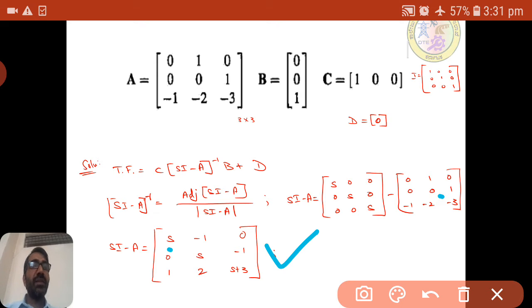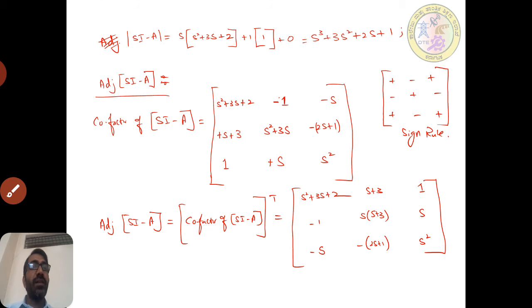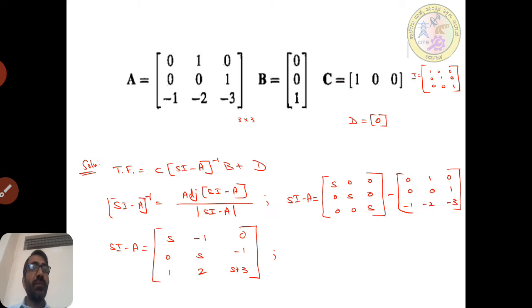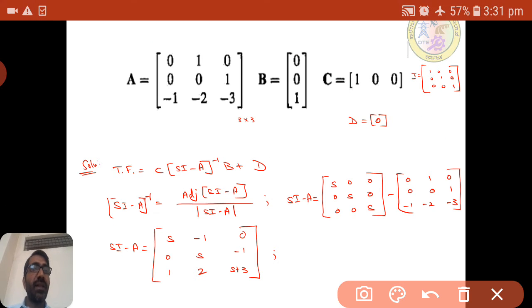Now we have sI minus A, and we need to find the adjoint of sI minus A. How do we find that? Before that, we can get the determinant. You take any column, either column or row, and take 3 values.